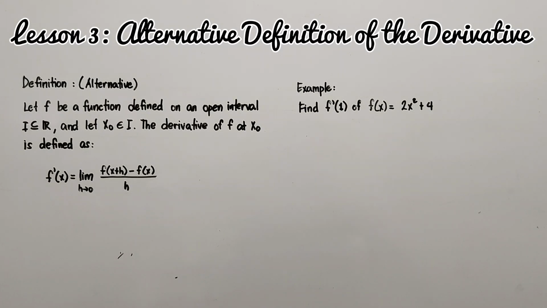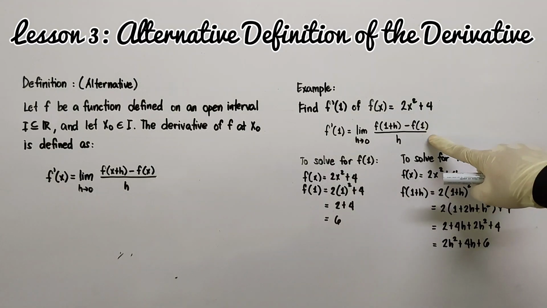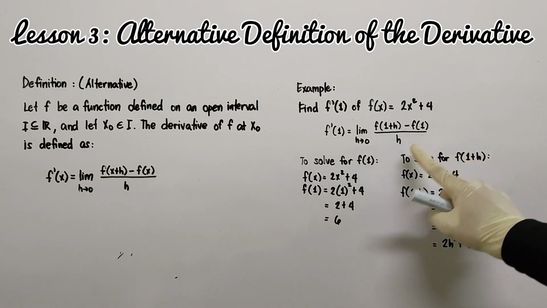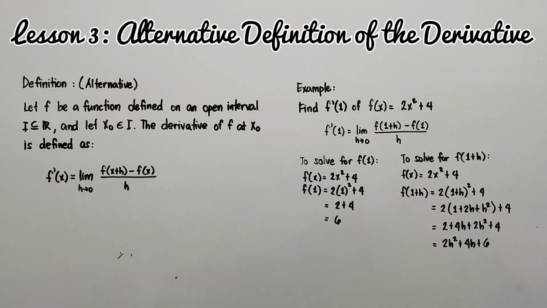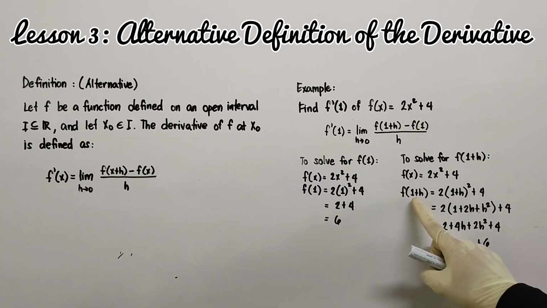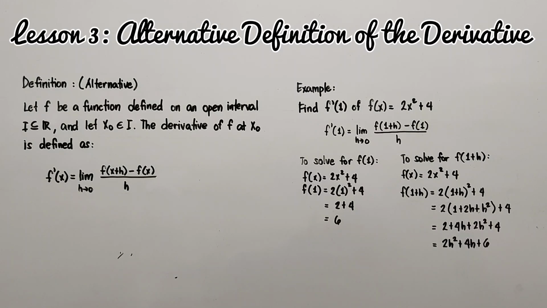A while ago, we showed that the derivative of f of x equals 2x squared plus 4 at x equals 1 is 4. I will present here how to use the alternative definition of the derivative to get the value of 4. So this is our equation, and to solve for f of 1, by substitution we have positive 6. For our f of 1 plus h, just substitute x by 1 plus h. So we have 2 times 1 plus h squared plus 4.